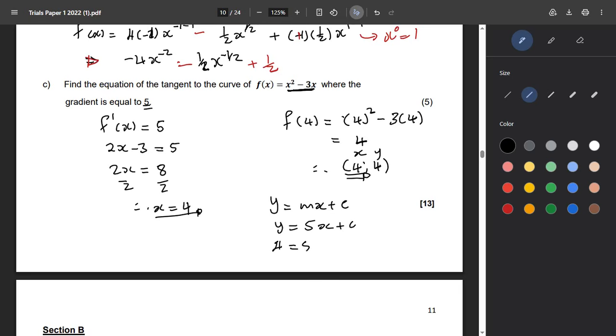So this will be 4 equals 5 times 4 plus c. Therefore, 5 times 4, that's 20 plus c. What is c equal to? It's 4 minus 20, that's negative 16. So the equation becomes y equals 5x minus 16. This is the equation of the tangent.